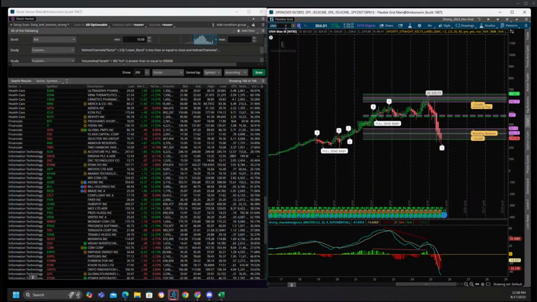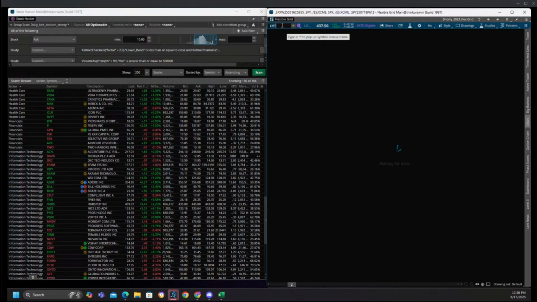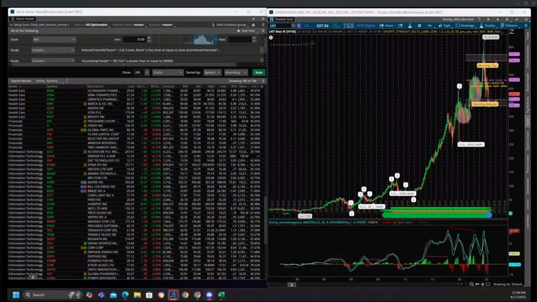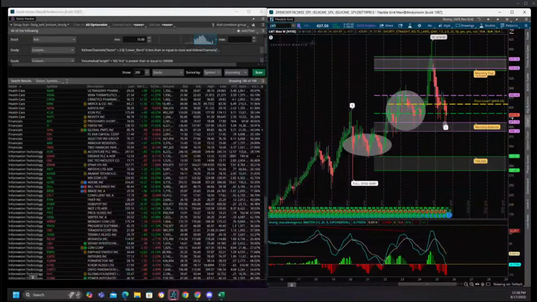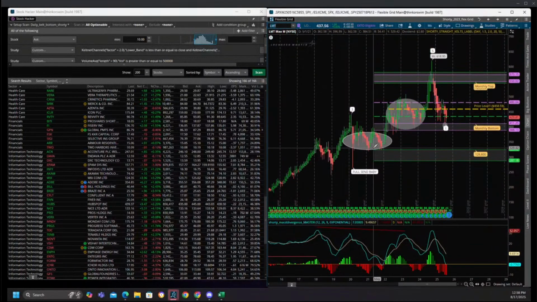LMT, I think that's Lockheed Martin. Give it a second. Oh, Lockheed Martin's at an interesting level, right? I actually had it in my portfolio, but at a cheaper price.